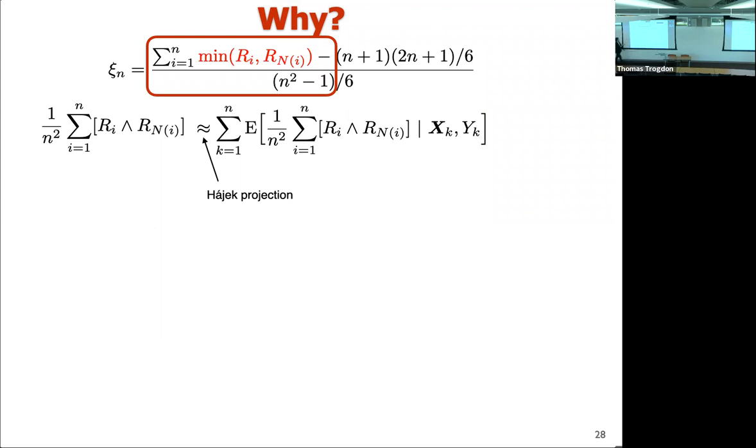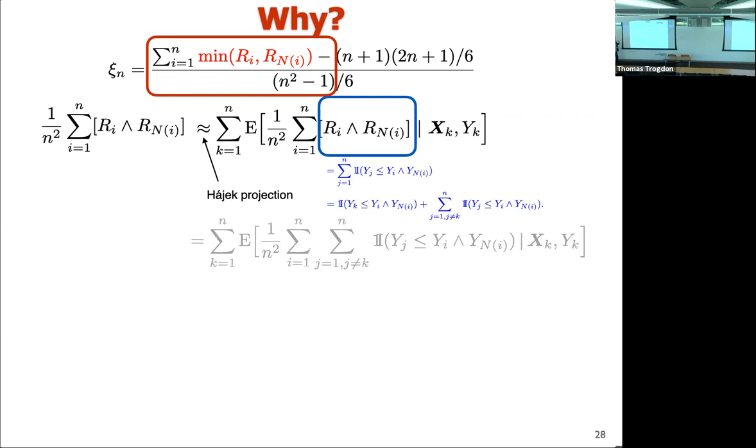All right, so let's see what this projected estimator is. We decompose it into two parts. This may be a little bit technical. Here the conditioning on x_k and y_k is inside this summation, so we have to separately consider the summation over i equal to k and i not equal to k.